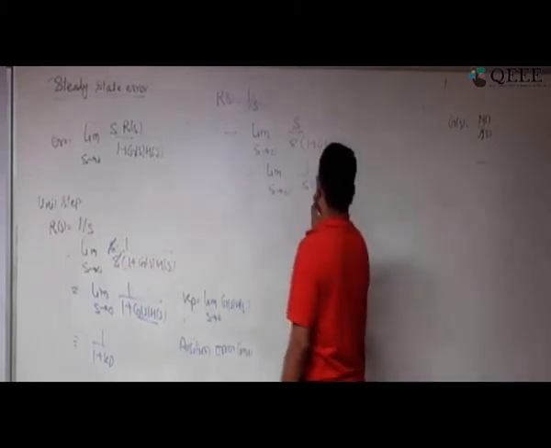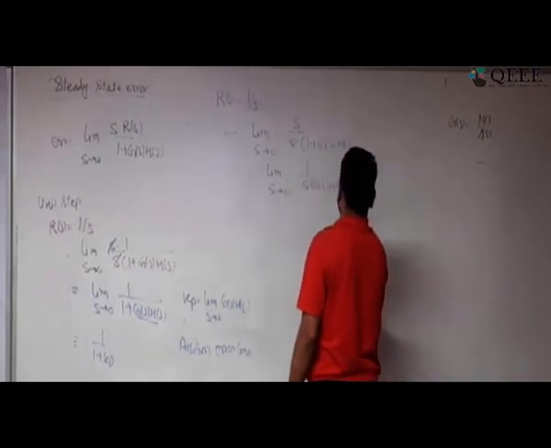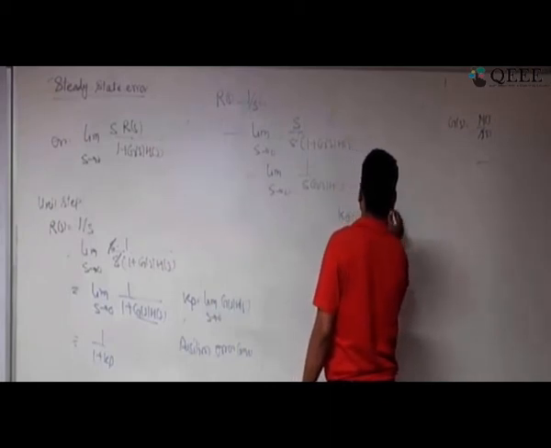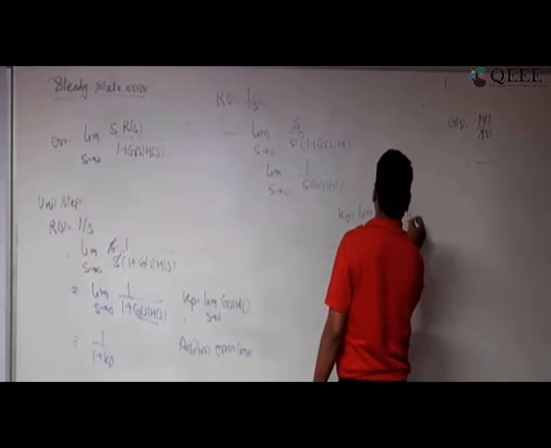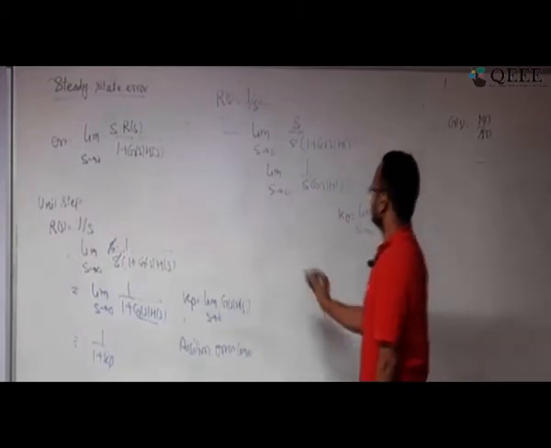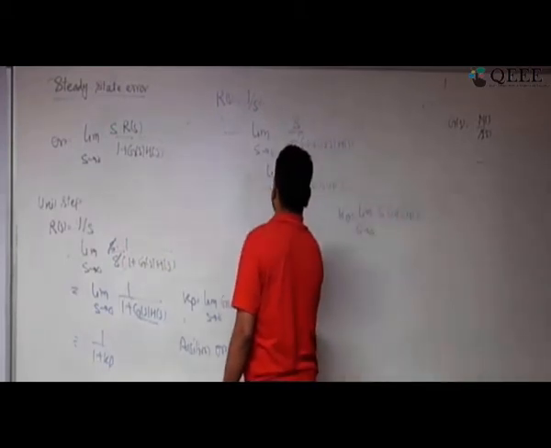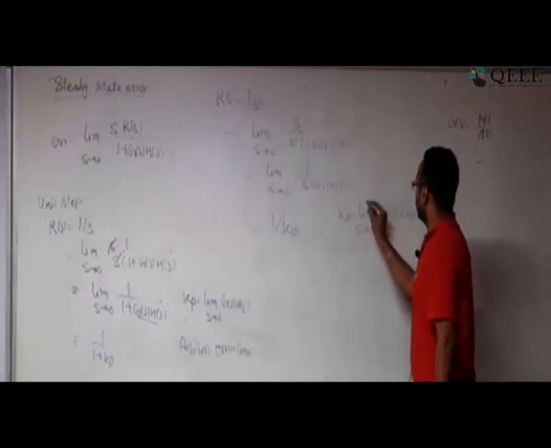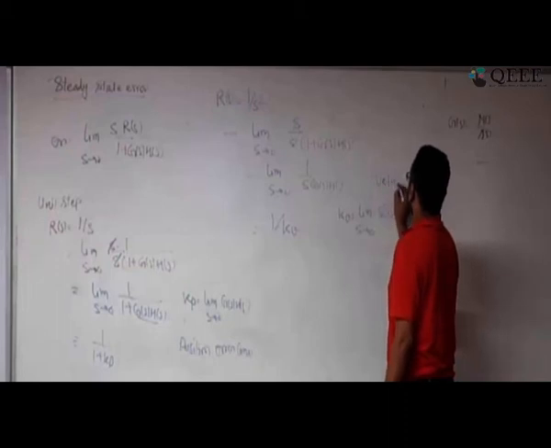Now, let me define a term called Kv, limit s tends to 0 of s G(s)H(s). So this error is going to be 1 divided by Kv, and Kv is known as the velocity error constant.